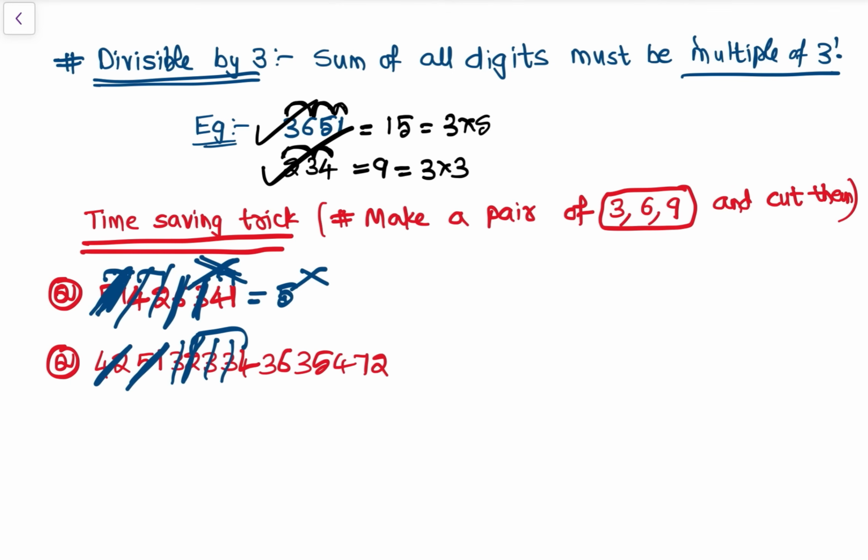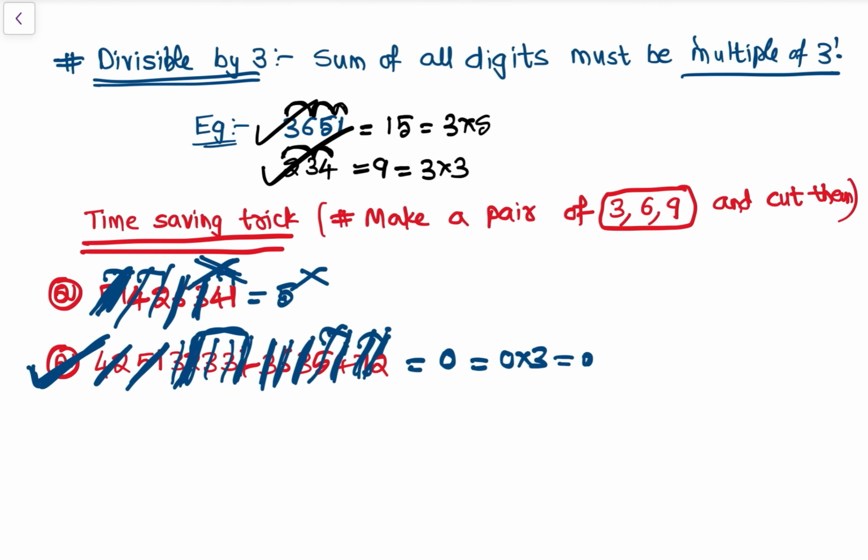See, 4 plus 2 cut it. ऐसा नहीं कि साइड में हो सकता है, कहीं भी हो सकता है, बस हमें 3, 6 और 9 के पेयर्स में कट कर सकता है. See, 3 6 cut it. 5 plus 4 9, cut it. 7 plus 2 9, cut it. 3 cut it. अब बचा कितना? 0. कुछ नहीं बचा, 0. So 0 is what? 0 into 3 is equal to 0. So multiple of 3, 3 into 0. So this entire number is divisible by 3.